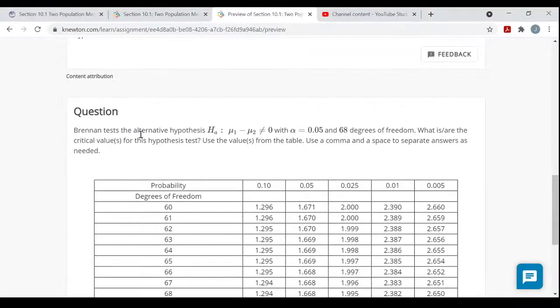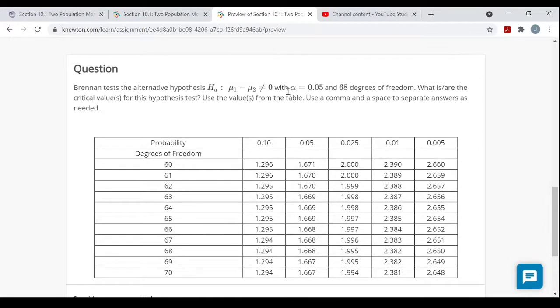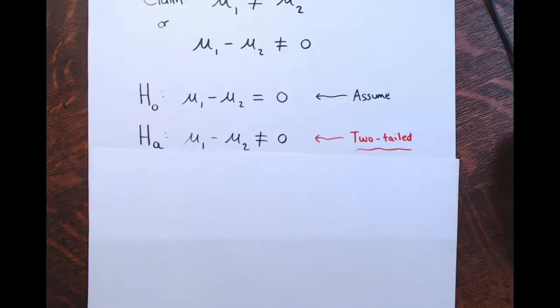So Brennan's testing this alternative hypothesis with a significance level of 5% and 68 degrees of freedom. So what is, or what are, in this case it's a two-tailed test, so there'll be multiple critical values for this hypothesis test. And use the values from the table. All right, now, like I said, I'll go to a piece of paper again here, and we have our hypotheses developed.